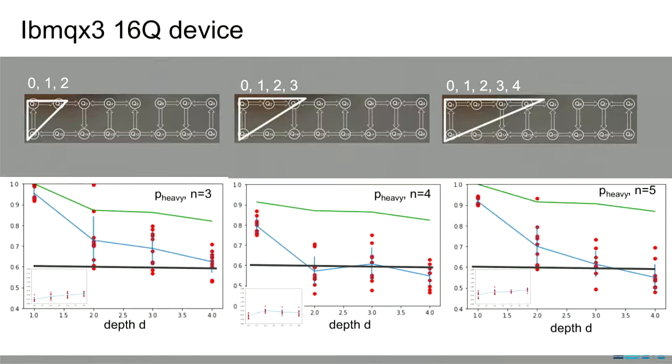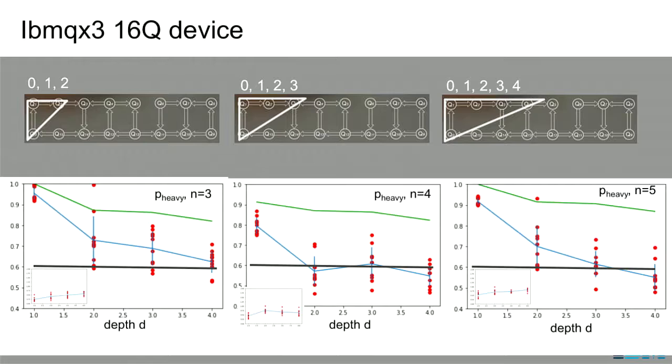So similarly, you could run it for the 16-qubit device. And here you could run it on 3 qubits, 4 qubits, 5 qubits, and even more. But again, you don't reach any improvement in terms of depth.